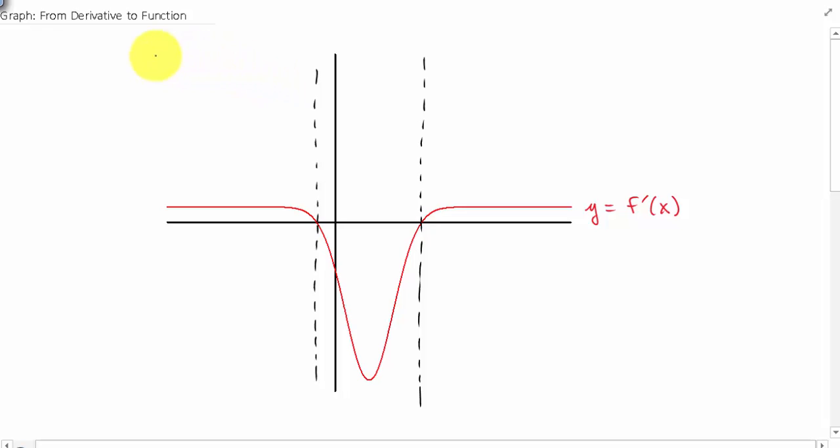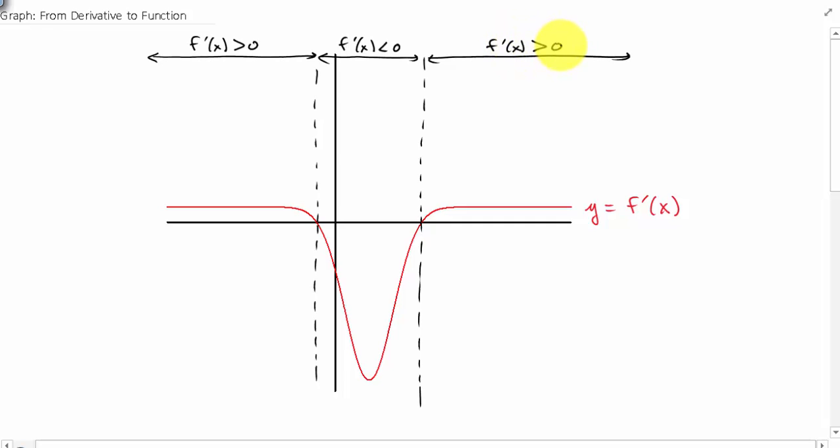So you see, in this interval, the derivative is positive. In this interval, it is below the x-axis, so it is negative. And in the last interval, the derivative is positive again.